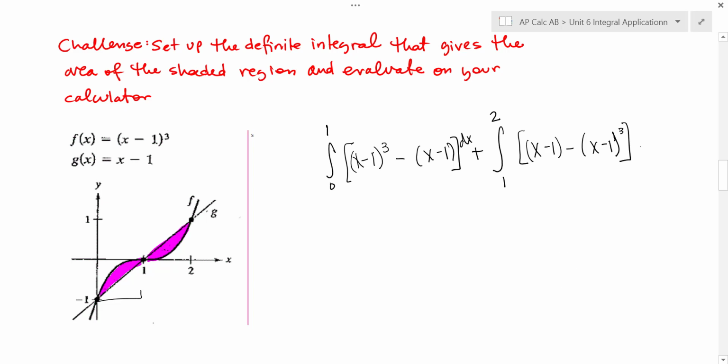Sorry, I forgot that dx in both of those. So you're just going to do 2 separate integral evaluations on your calculator for this one right here. All right, once I get that all done, add it up, it should just give you the area of 1/2. So check, check, check, make sure you're feeling good to go.